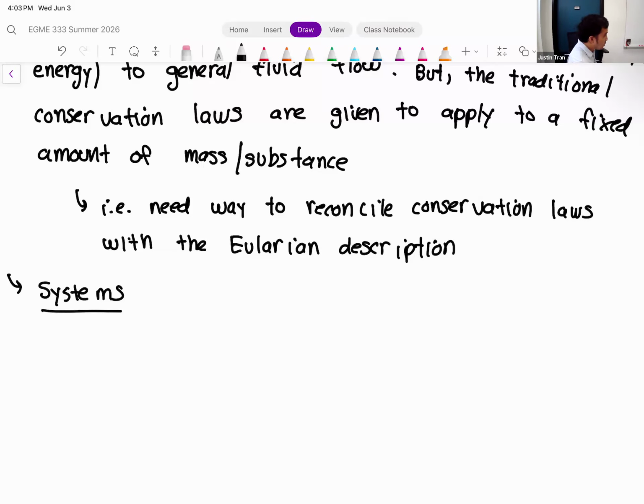A system refers to typically a fixed amount of mass or substance of a material, and an analysis is performed on that fixed amount of mass or substance.